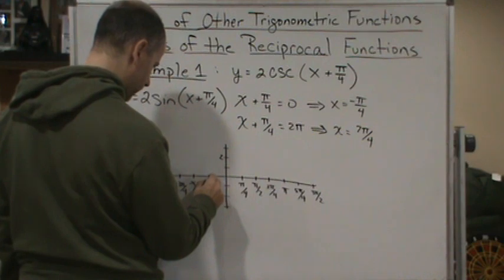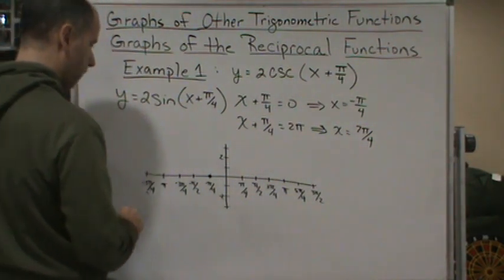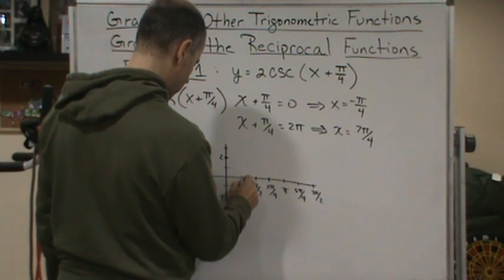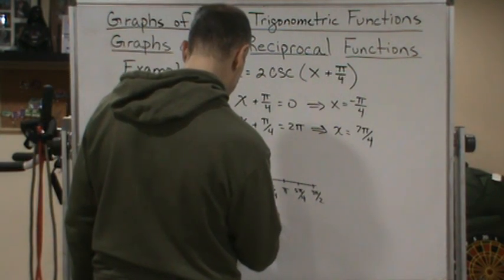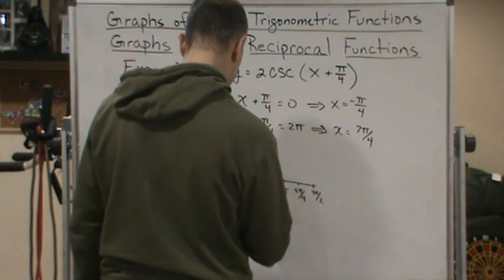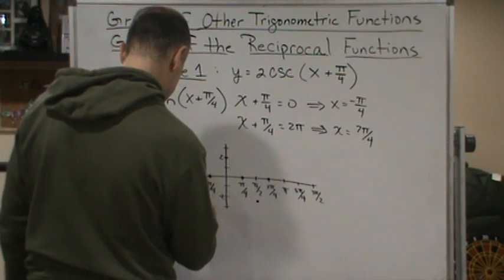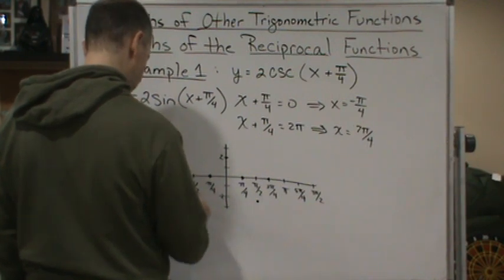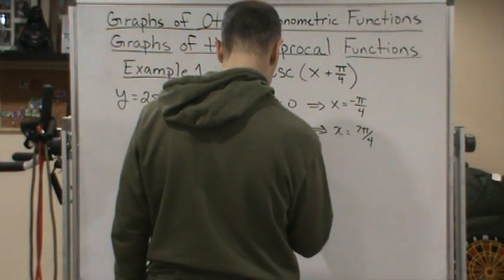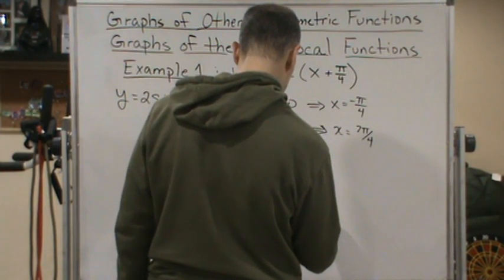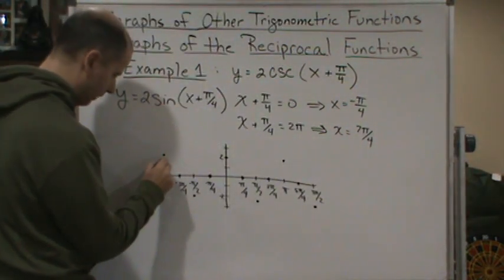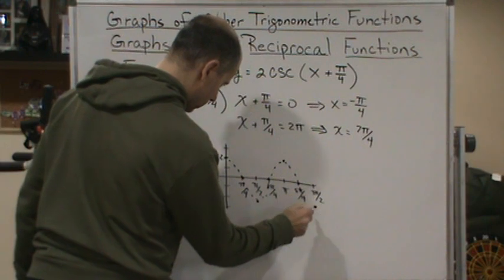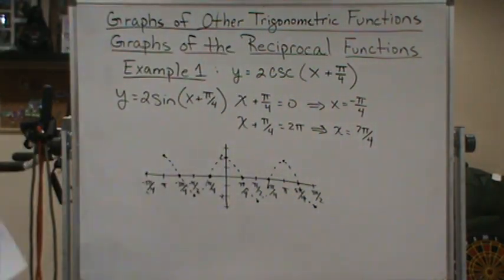Here it's going to be 0, and then it's going to go up to 2, then back down to 0, then down to negative 2, and then back to 0. Then I'm going to do a few more, so this goes to there, there, there. I'm just going to do a dotted line here. It doesn't have to be perfect. Okay, so there's the sine function.